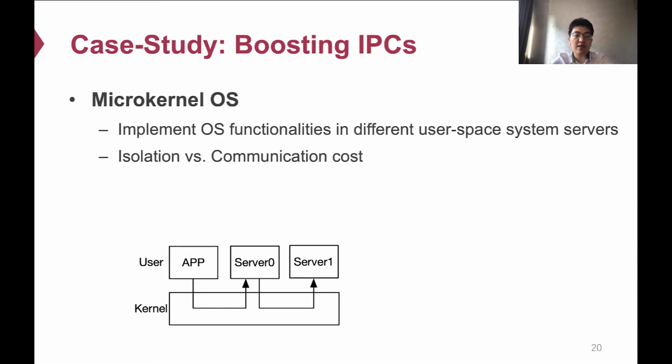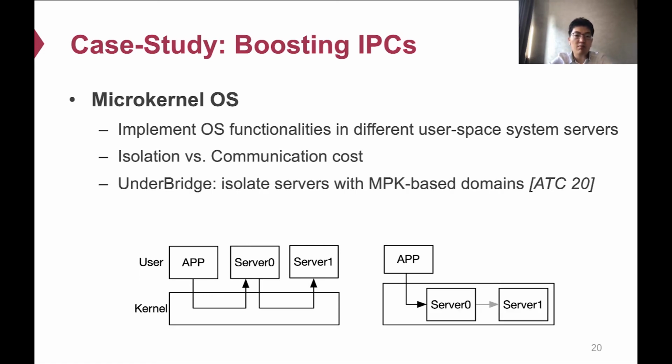Here is a last case study. Microkernels leave minimum functionalities in the kernel while running system servers, such as file systems and device drivers, in user processes. The interactions between two servers or between an application and a server require InterProcess Communication, which is not cheap. A most recent IPC design called On-the-Bridge retrofits Intel MPK to optimize IPC.